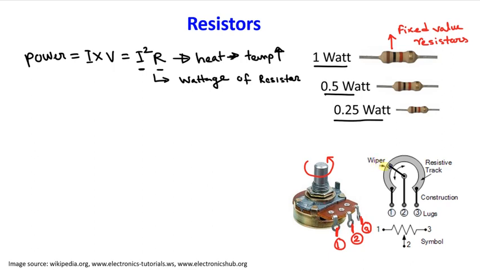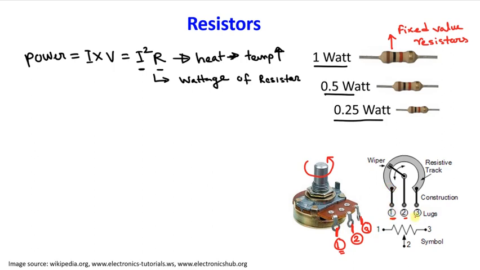Now if you open the cover of this variable resistor, it looks something like this, where you can clearly see the 3 terminals. Terminal 1, this corresponds to the same terminal here, terminal 2 and terminal 3.